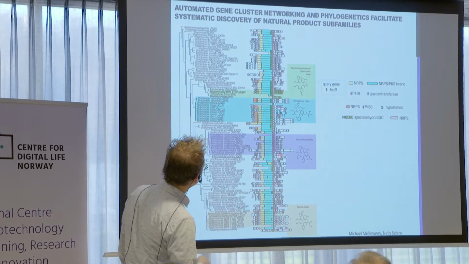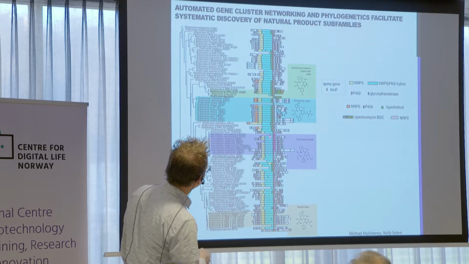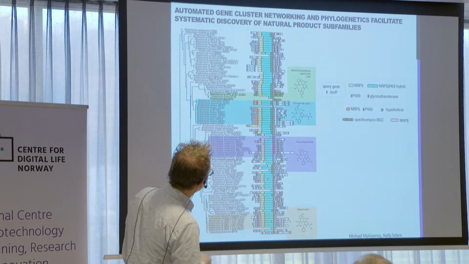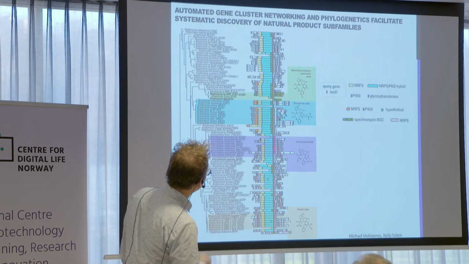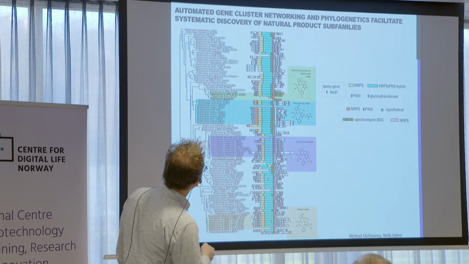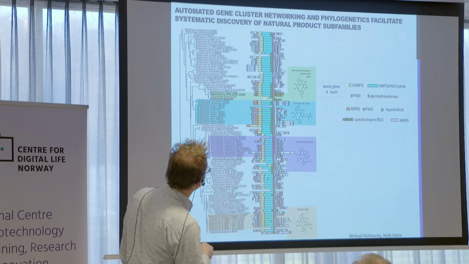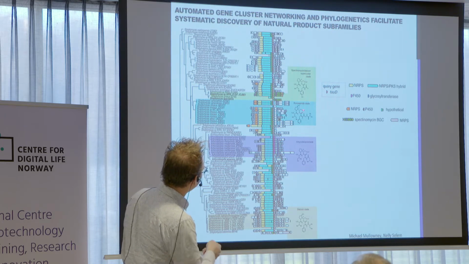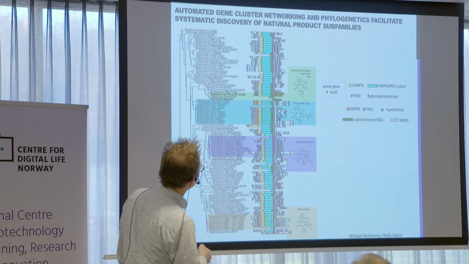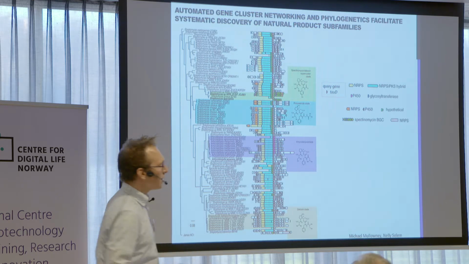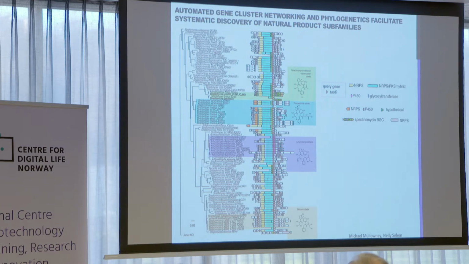For example, this Amycolatopsis clade has certain P450 hydroxylases that the others do not have, and the clade here also has certain tailoring enzymes that these two known clades do not have. And based on mass spec and NMR analysis, we were able to see that indeed all of these clades lead to the production of different variants of those molecules.